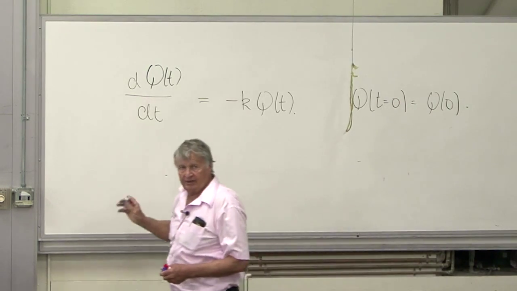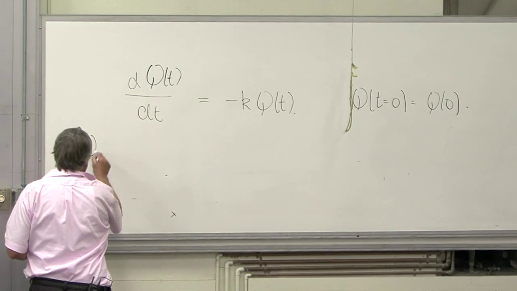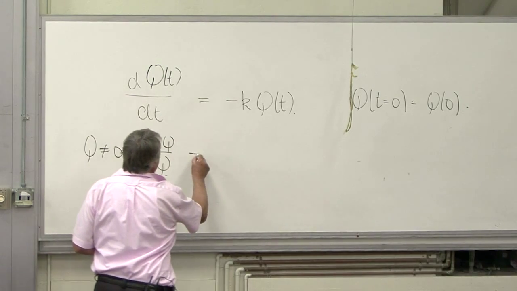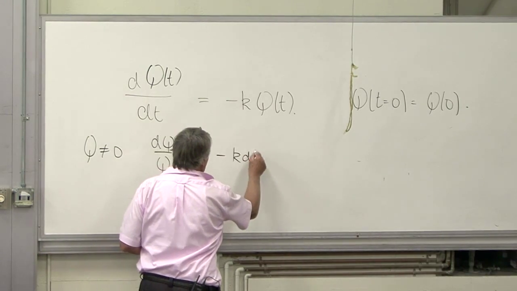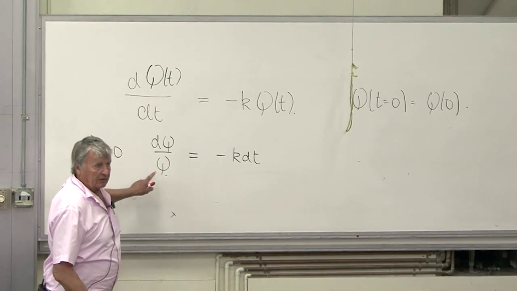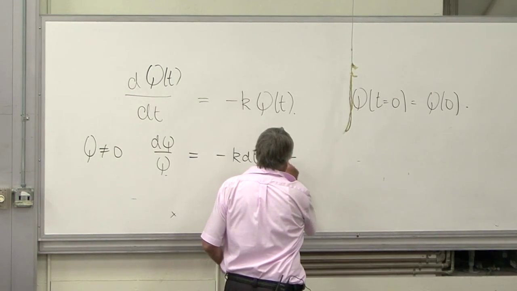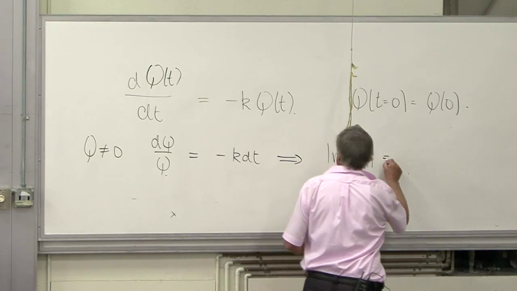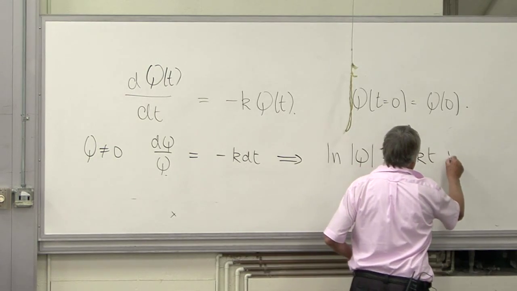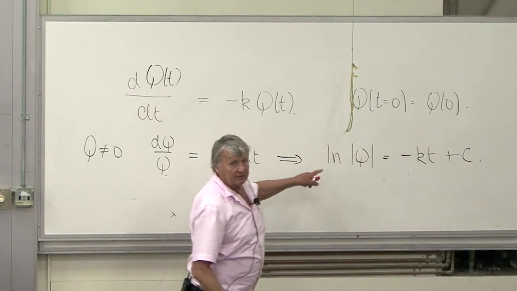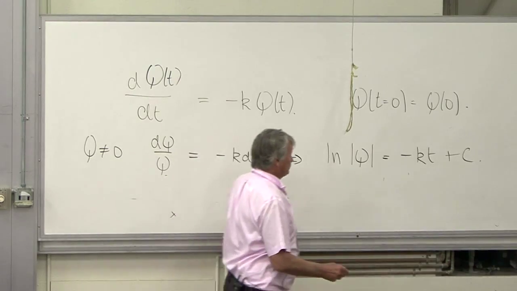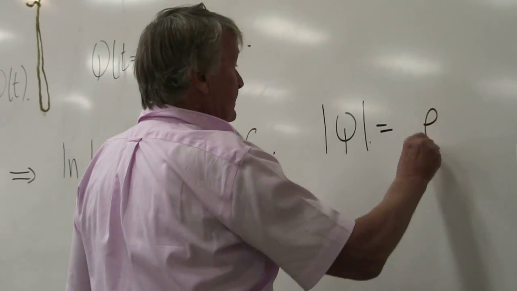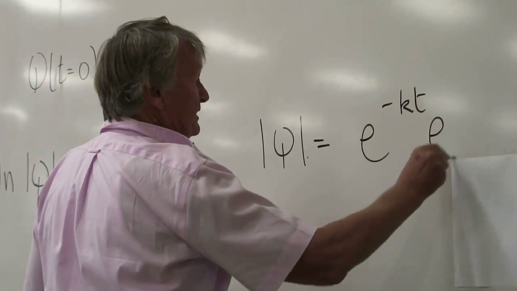So how do you solve this? Well, if Q is not 0, it's separable. We write dq over q is minus k dt. Now we integrate. We get log of the absolute value of q is equal to minus kt plus c. Now we exponentiate, and we get the absolute value of q is equal to e to the minus kt times e to the c.